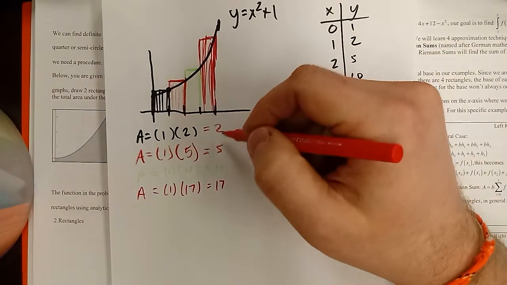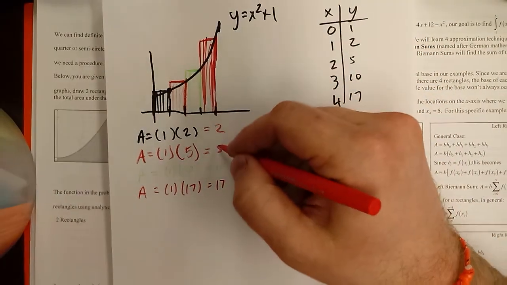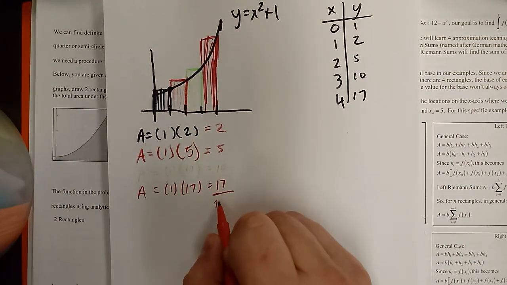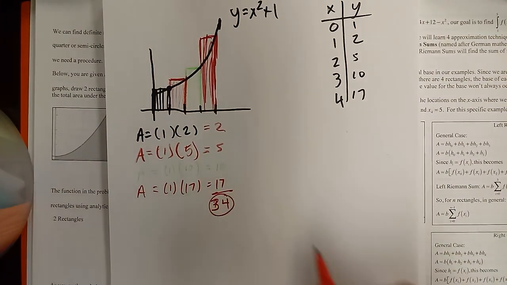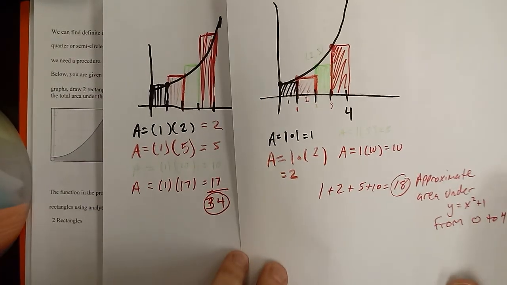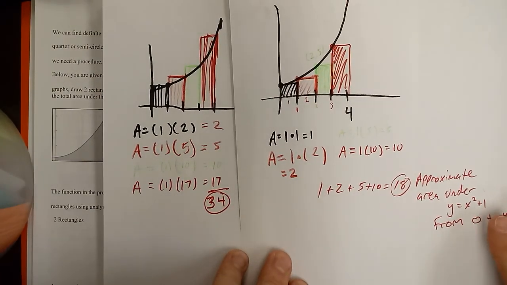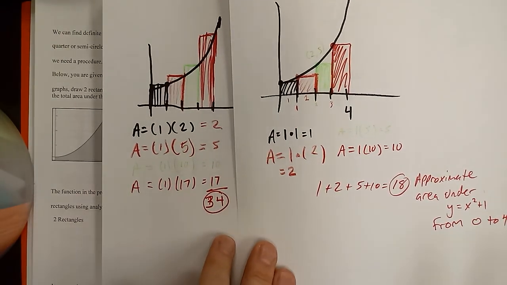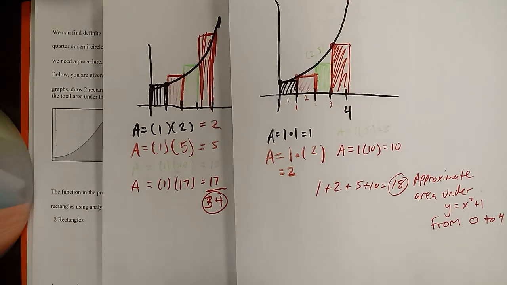So if we add these together, 2 plus 5 is 7, plus 10 is 17, plus 17, we get an area of 34. So previously, our estimated area was 18. Now our estimated area is 34. The real area is going to be somewhere between those two. And there's a couple of ways that we could get a better area.